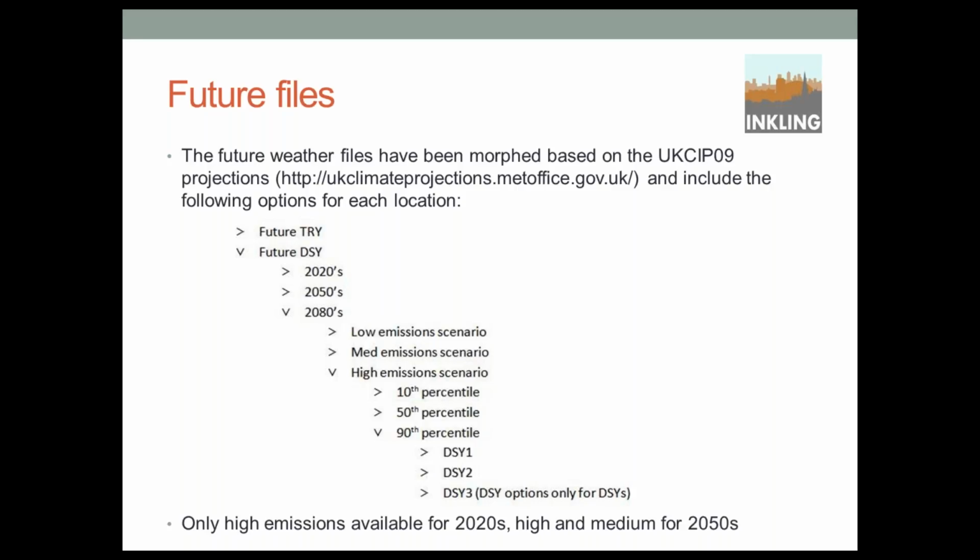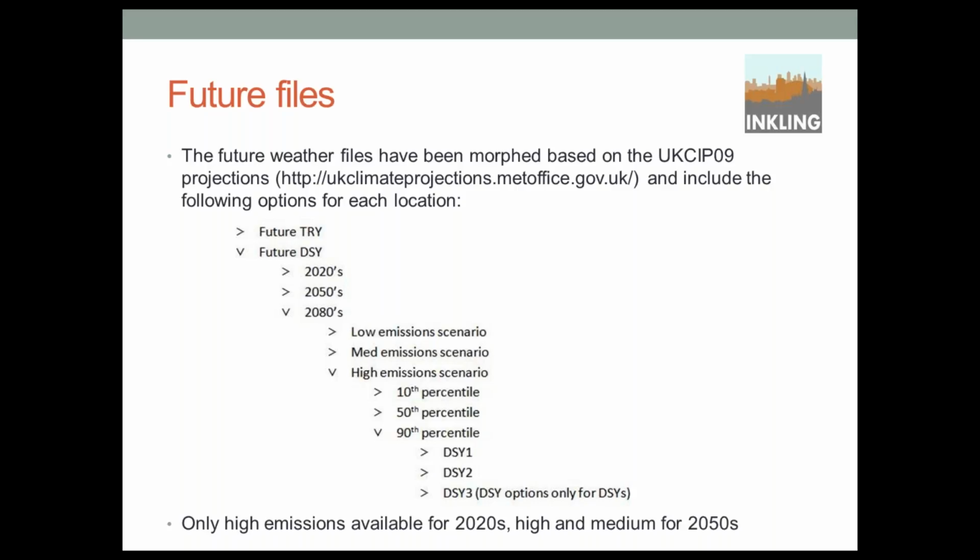And then within each of those timescales, there are low emission scenarios, medium emission scenarios, high emission scenarios, and within those, there's the 10th, 50th, and 90th percentile files, and those are included for each of the DSY files.